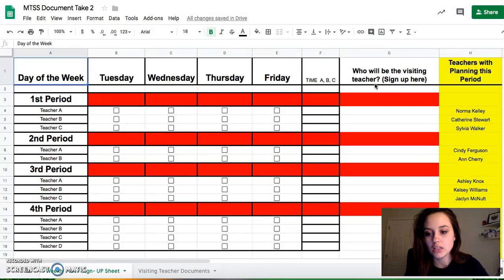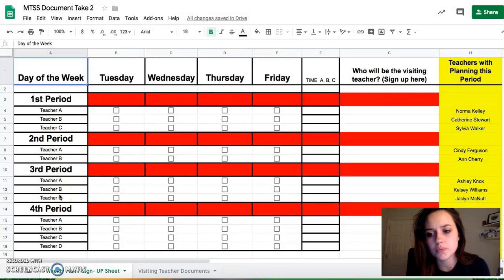So what I have done is, to the right within this yellow box over here, you see teachers with this planning period. So that way, first period you have 3 teachers, second period you have 2, third period you have 3, and then fourth period you have 4. Because of the people that have that certain planning period, that's what this teacher A, teacher B, teacher C stands for.